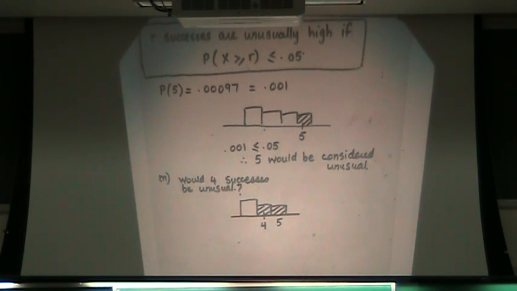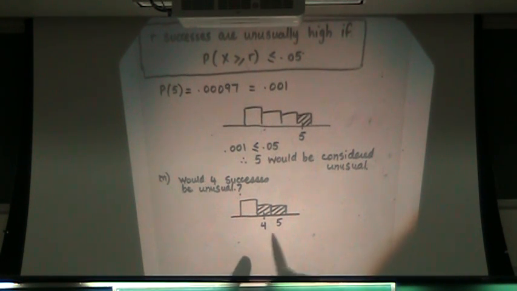Does that make sense? If the probability of 4 or more is tiny, it means that 4 is too far away from the usual values, that the probability of being even more extreme than that is very small. That means there's nothing usual about 4, because if 4 were a usual value, it would be somewhere closer to the center, wouldn't it? So that the probability of being more than it would be greater than 5%. Are you understanding me?